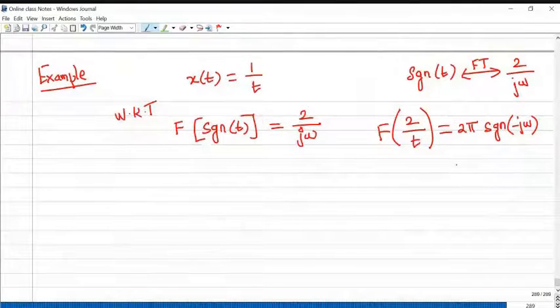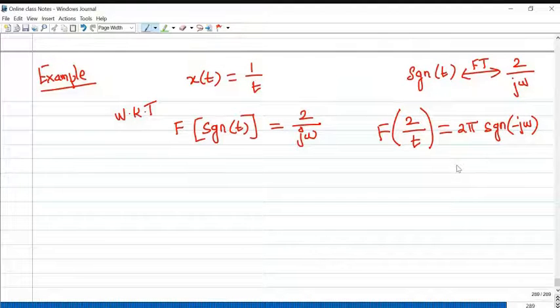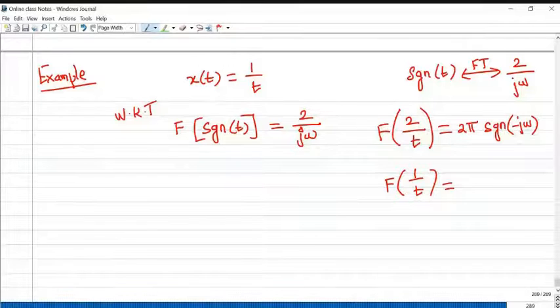So in 1 by t, 2 is a constant, meaning that the 2 will go to the right side. So the Fourier transform of 1 by t: the 2 will be cancelled, so we will get pi.